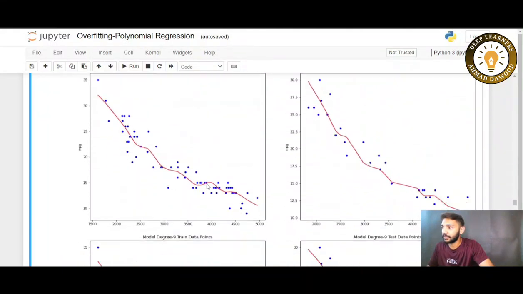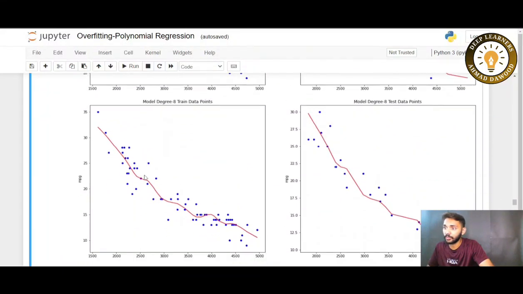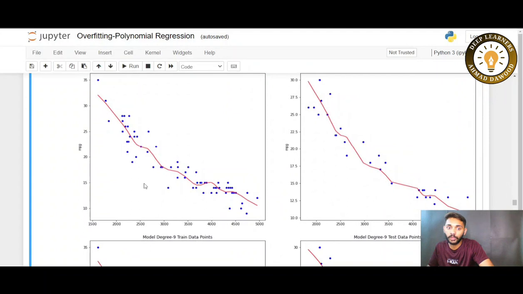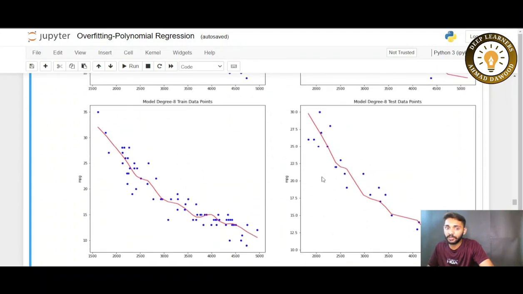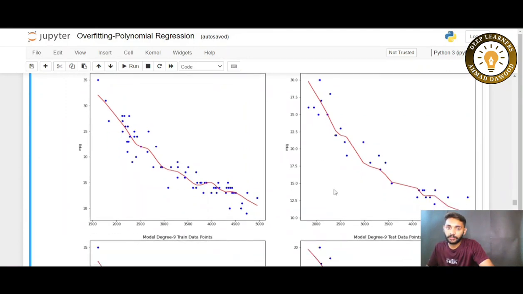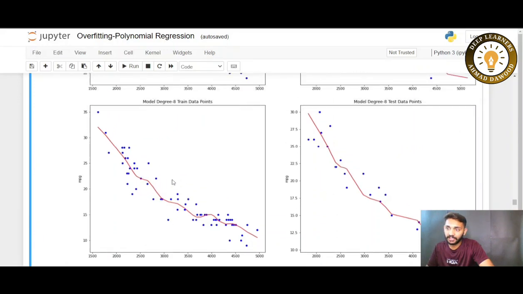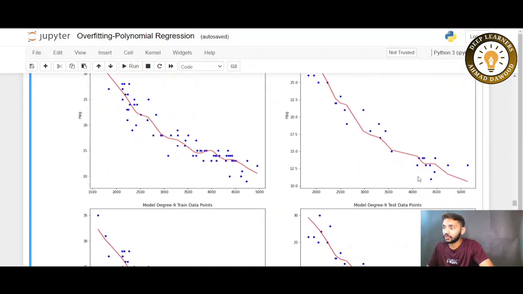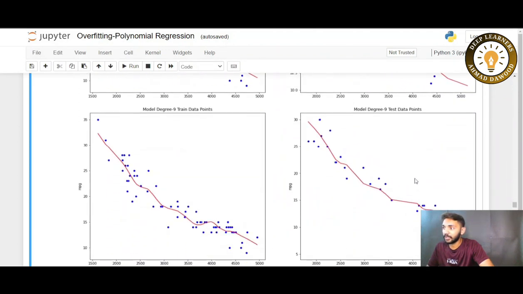Here the model becomes more non-linear, and till now it has the same type of trend, the same type of pattern, on both data sets. This is the training data set, these are training data points, and these are test data points.